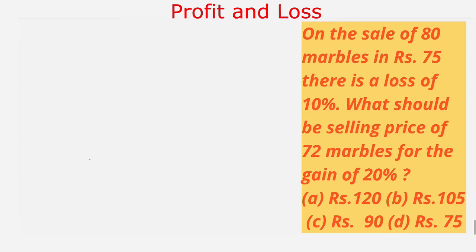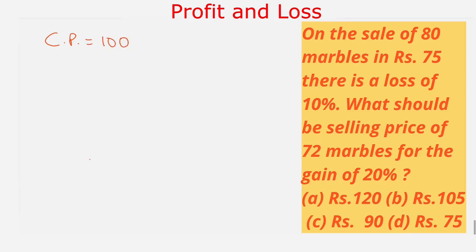First, it is given that 80 marbles are sold for rupees 75 and there is a loss of 10%. Now we have to find the amount for 72 marbles for a profit of 20%. This is a very interesting solution. Let the cost price be 100, CP equals 100.